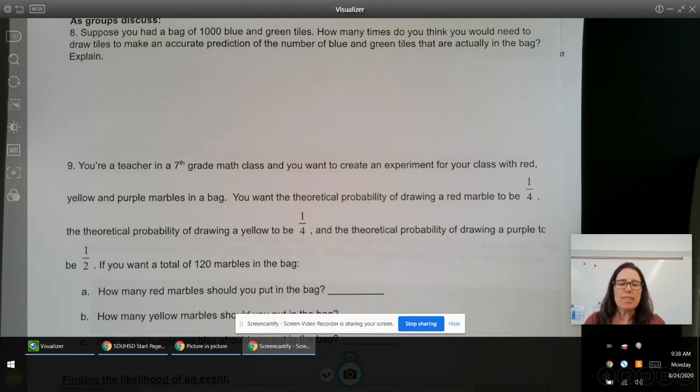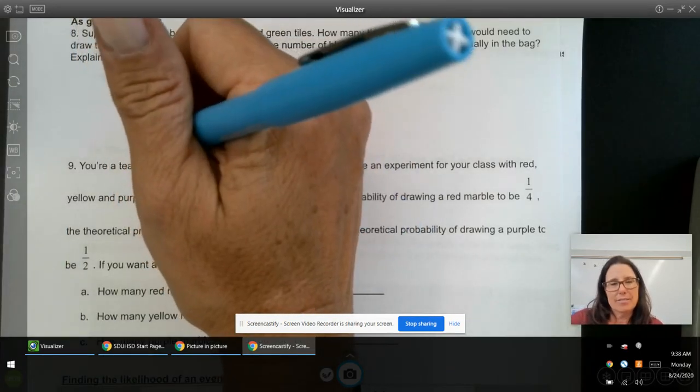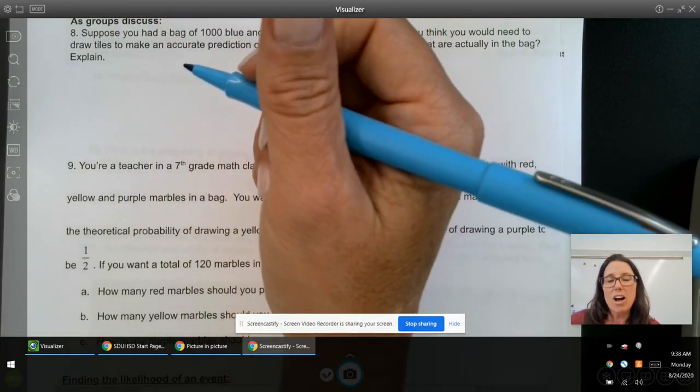So if we have 1,000 blue and green tiles, we're going to need to do it at least, what would you say? Notice that we did 18 draws and we had 12 tiles in the bag. When we did 6 draws, that's half the amount of tiles. It was very inaccurate. So I would say probably 1,500 to 2,000 draws.